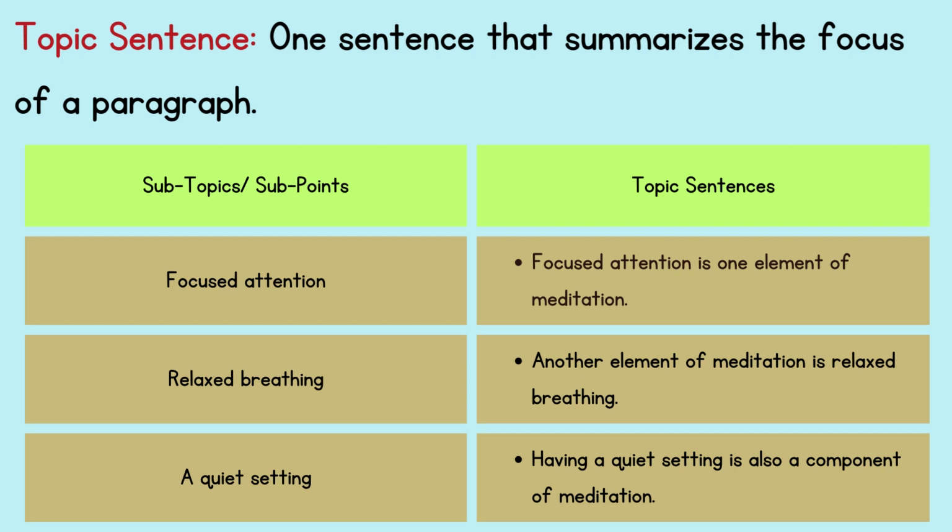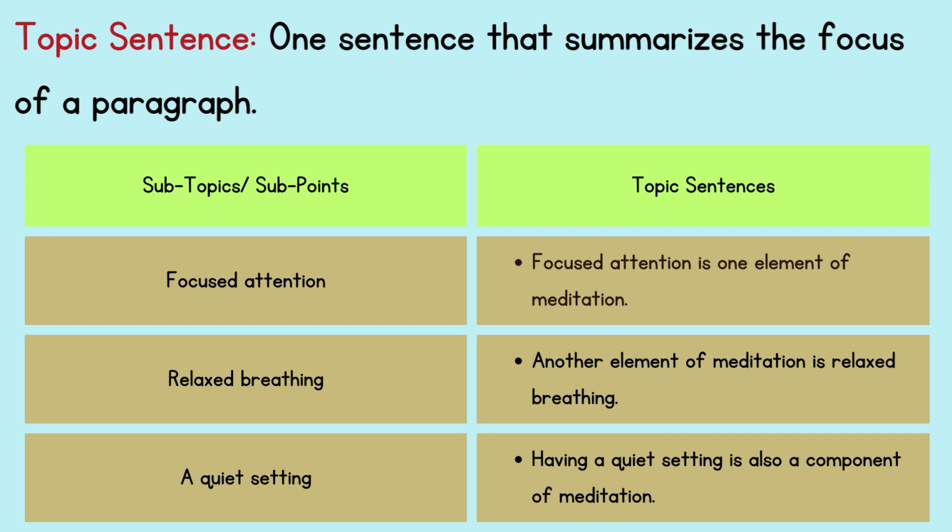And I know you also see there, right, that I have the language or the vocabulary from the analysis by division vocabulary list, right? So the first one we have is one element, right? So element is our vocabulary there. The second one, I also use element. And then the last one, I use component, right?